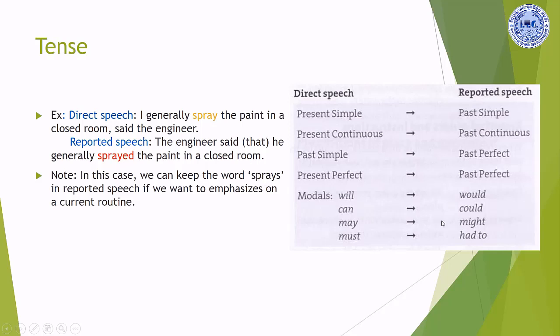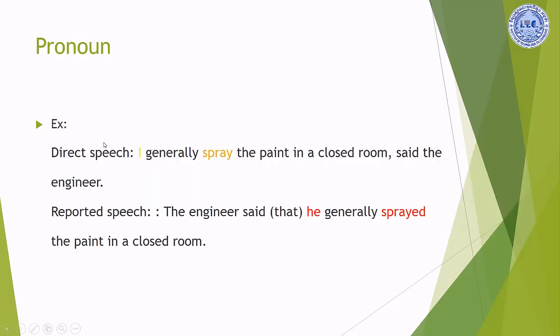Okay, so this is a case that you have to remember. Next one, talking about changing pronouns. So if this is an example like direct speech, "I generally spray the pen in the classroom," said the engineer. So besides the tense, the pronoun is also changed when you change from direct speech to reported speech.